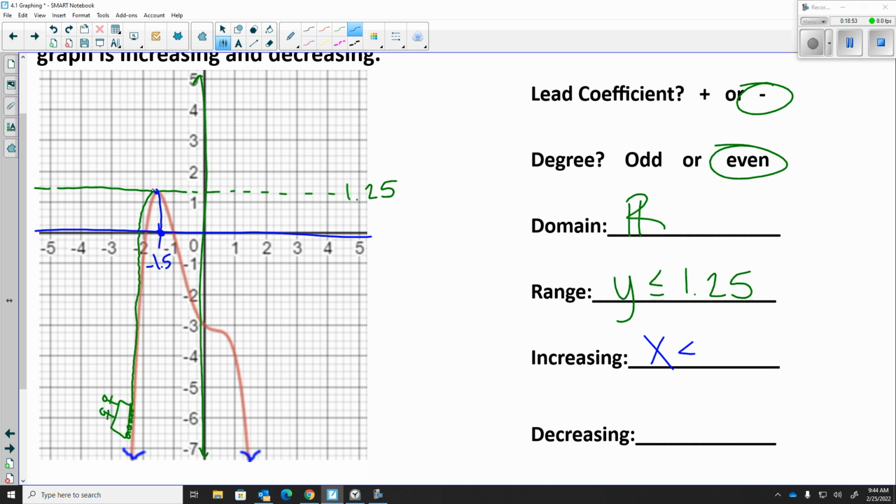You're going up and up and up, and then you get to the top and you're like, oh my gosh, and you're looking down. So you're not actually going up anymore. So it's x is less than negative 1.5. That's where we're increasing.